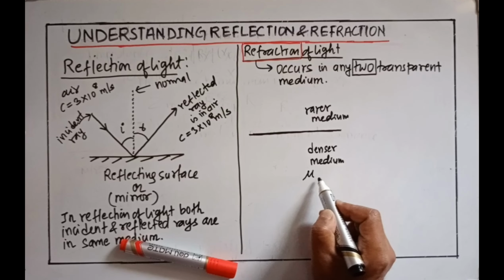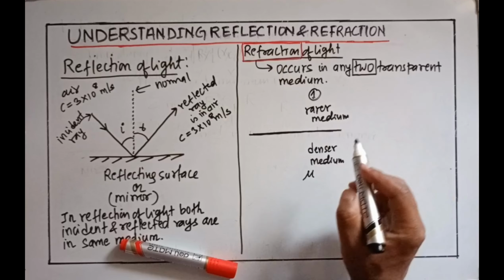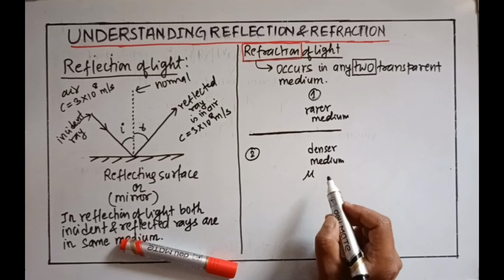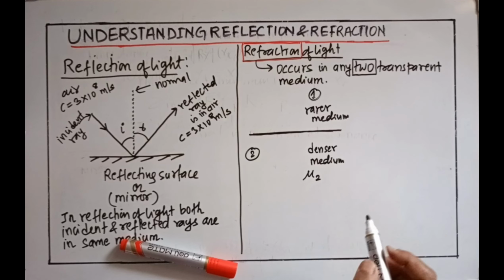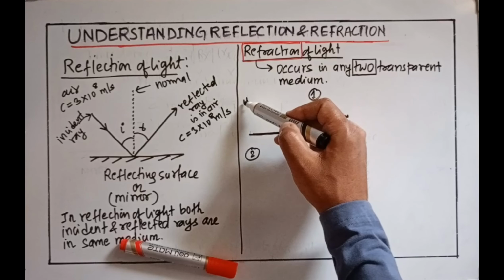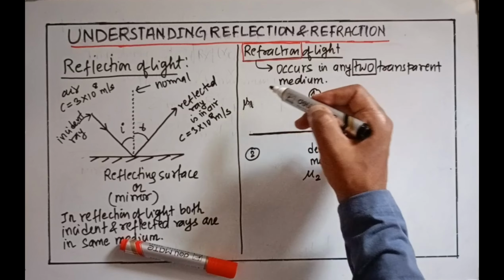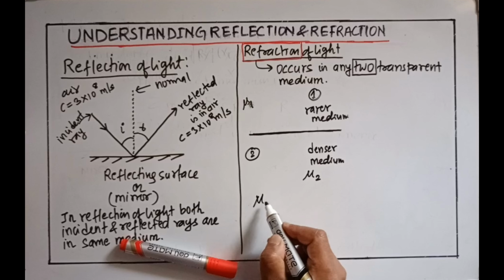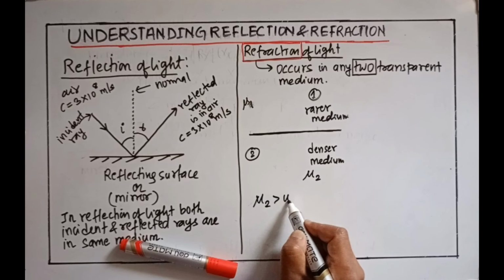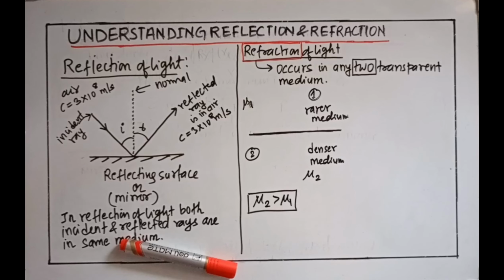Let's say this is medium 1 and this is medium 2. The refractive index of the denser medium is mu 2, and the refractive index of the rarer medium is mu 1. So the refractive index of the denser medium is greater than the refractive index of the rarer medium. This is to be noted.